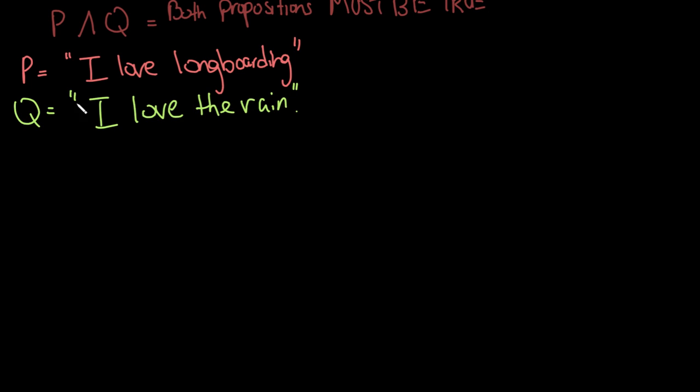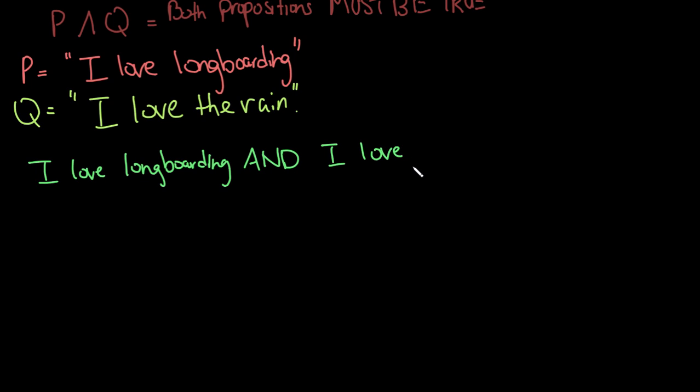If you were to read this in a normal English sentence, you'd say I love longboarding and I love rain. You're basically saying you love both of these things.